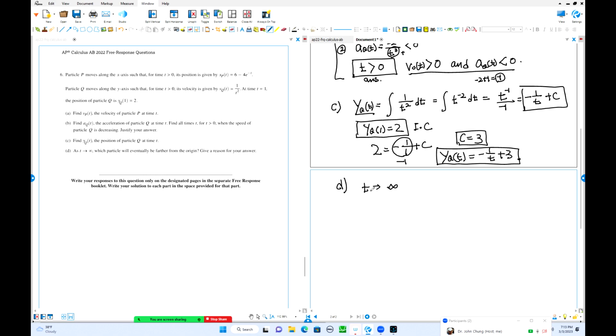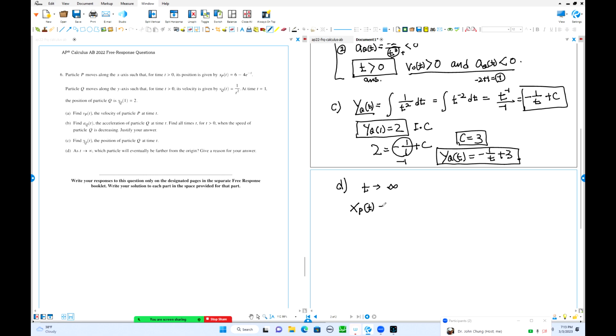To find this position, we need to find the right position functions. We already got the position function of particle Q already. Oh, particle P over here too. Particle P is already there.